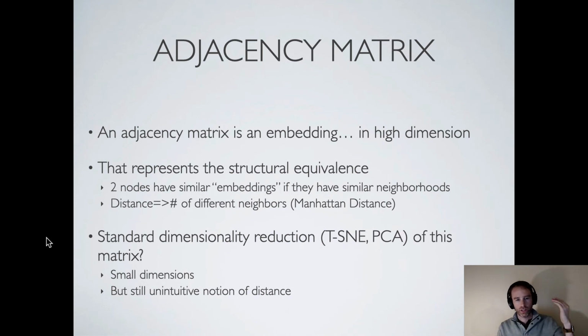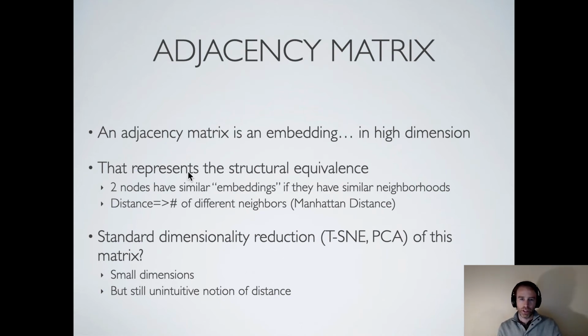So you can consider that the first row of the adjacency matrix corresponds to the embedding of the first node, the second row corresponds to the embedding of the second node, and so on and so forth. The problem with this is that this embedding is in high dimension, and it's very difficult to learn from this kind of embeddings in high dimension that are very sparse.